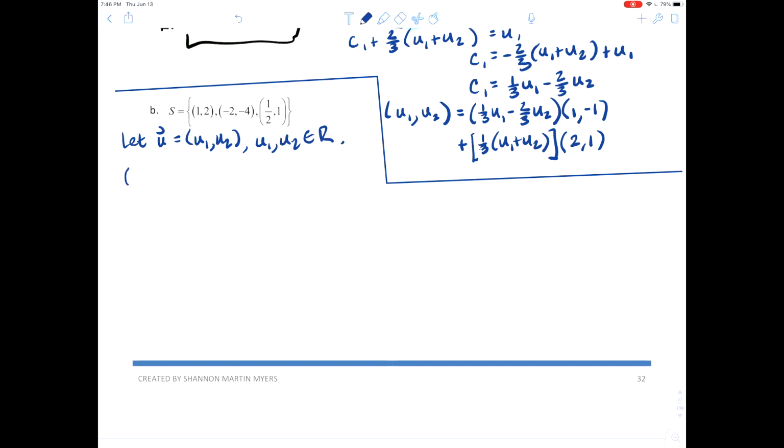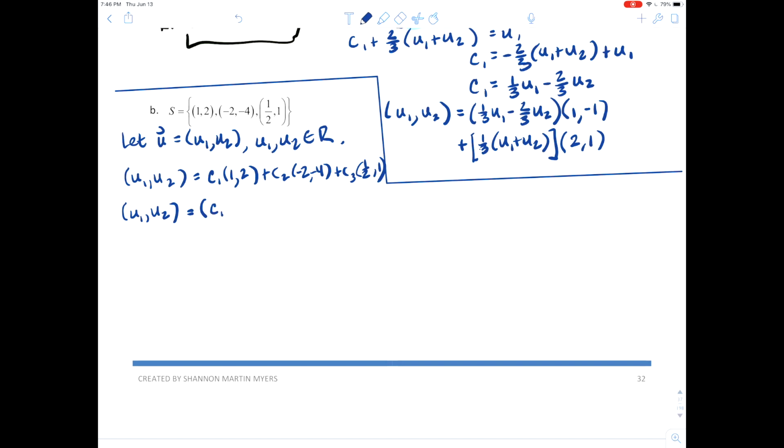So U1, U2 would equal C1 times 1, 2 plus C2 times -2, -4 plus C3 times 1/2, 1, and then work it out again. So we would have U1, U2 equals, so when I put this into one happy vector, I'm going to start going a little faster.